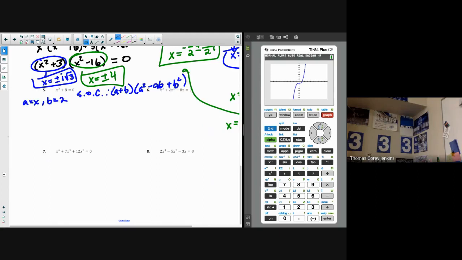So we have x plus 2 times the quantity x squared minus 2x plus 2 squared, which is 4.